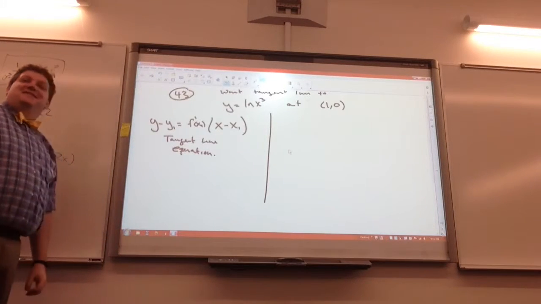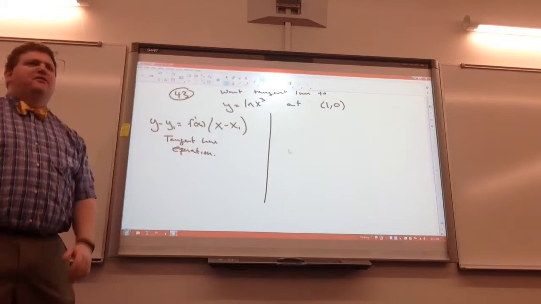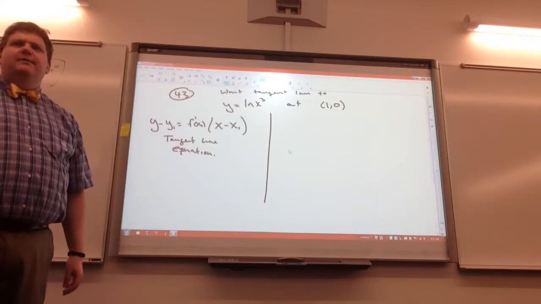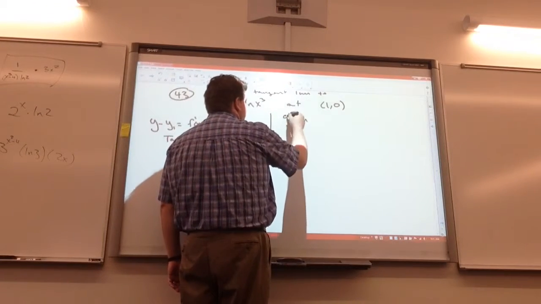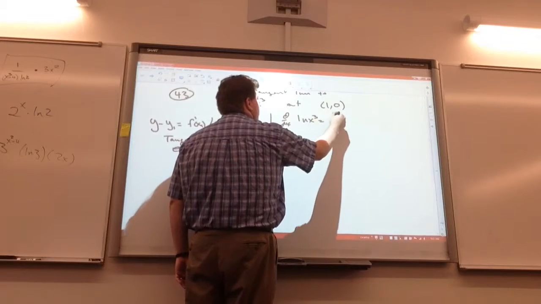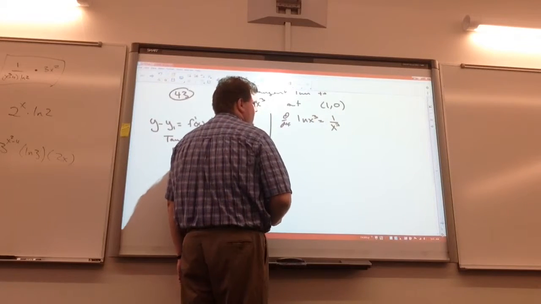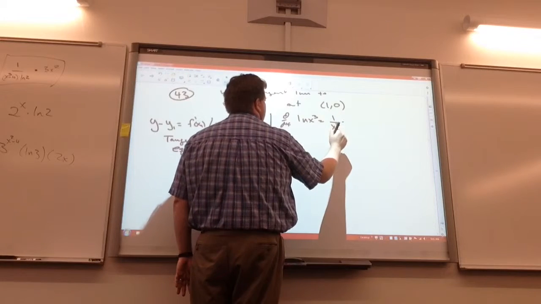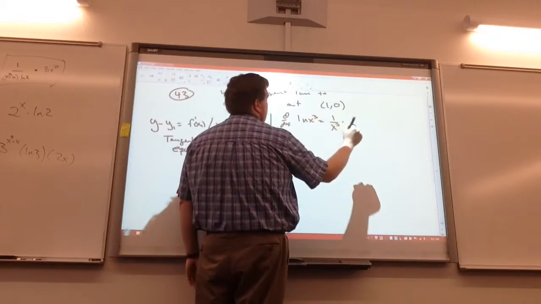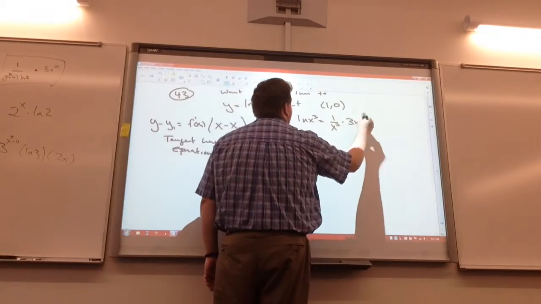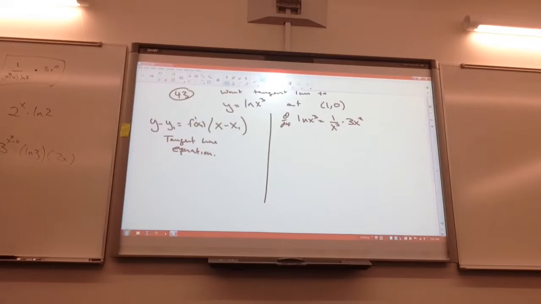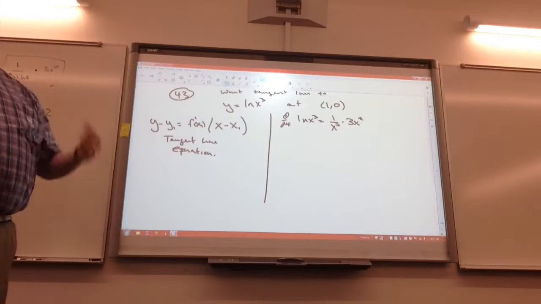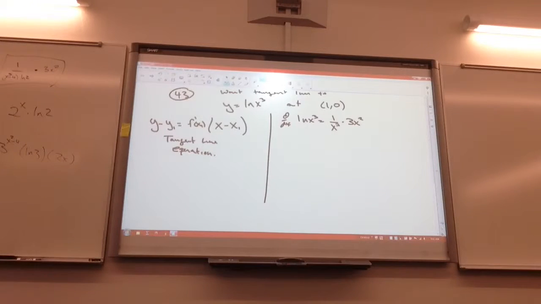Remember that from yesterday? It's 1 over x cubed times the derivative of x cubed, which is 3x squared. Remember, the derivative of the natural log of f of x is 1 over f of x times the derivative of f of x.